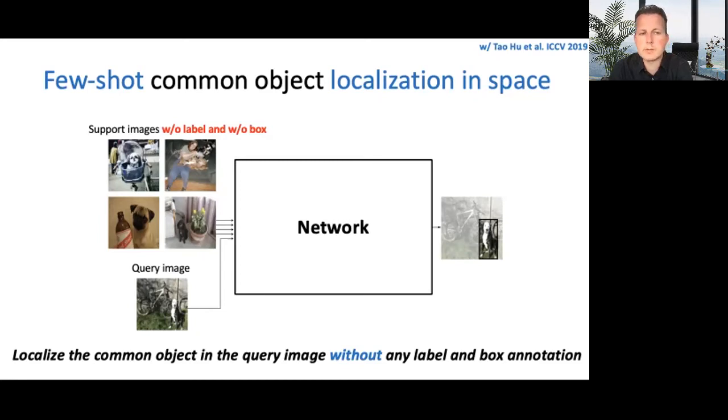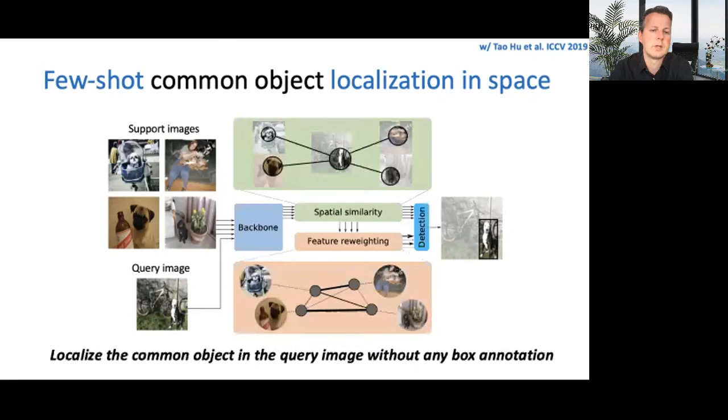So rather than using labels, here we are using spatial similarity. The idea is that there is a common object in the support images. We just don't know its class label, but it's also not important to identify the same object in a query image. So how do we go about this in this work? We have a backbone network, your favorite network, let's say ResNet 18.